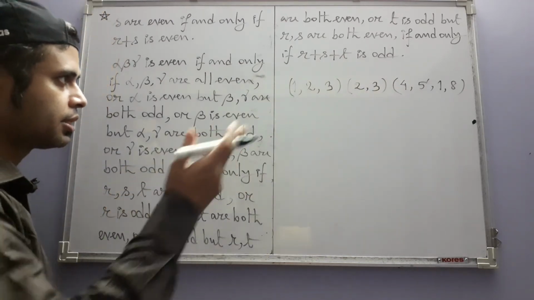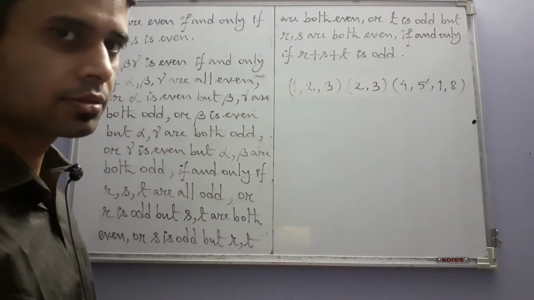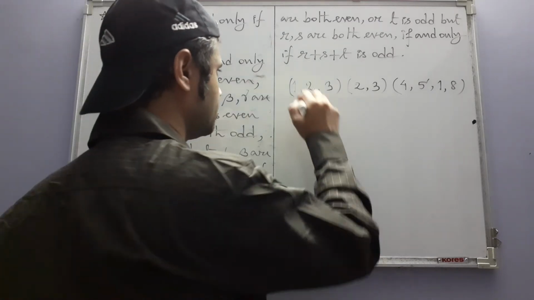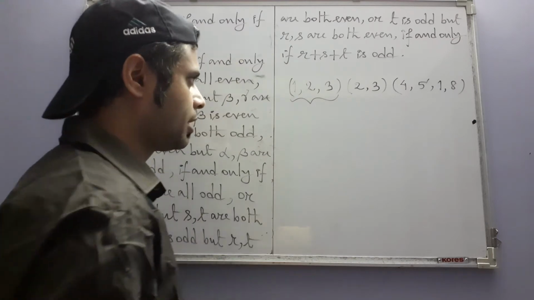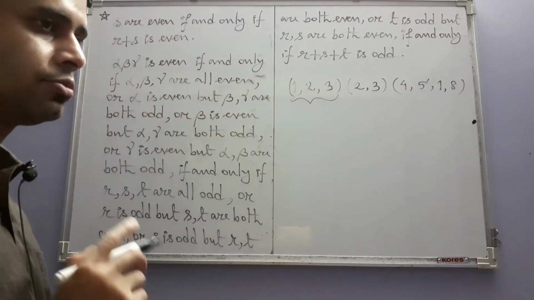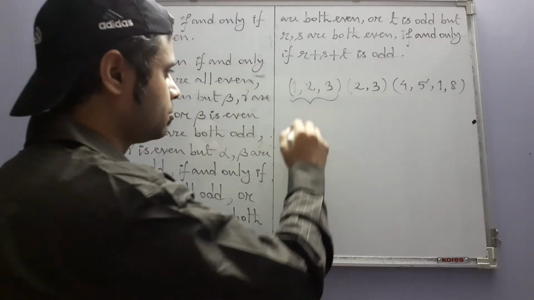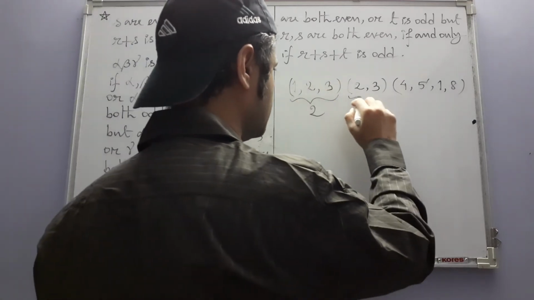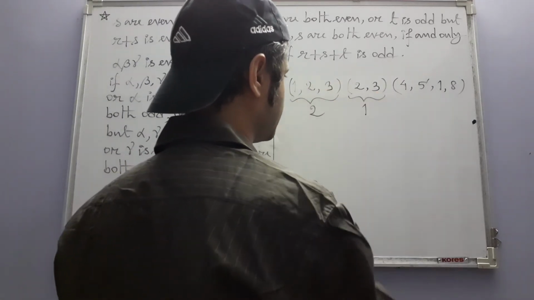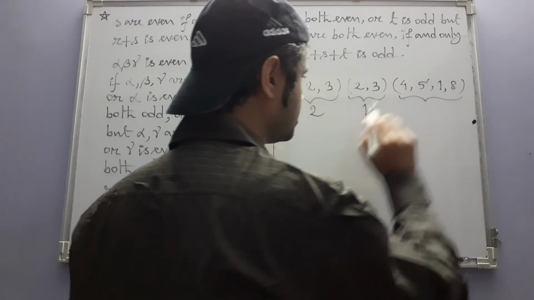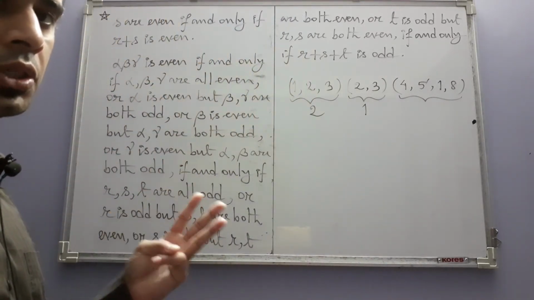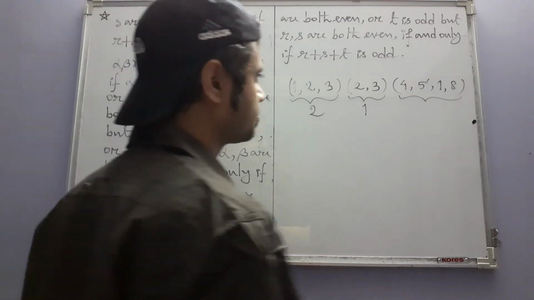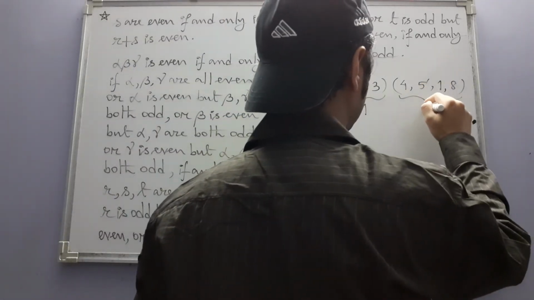Now what about the evenness or oddness of this permutation? Since this is a 3 cycle, we can write it as a product of 2 transpositions. This itself is a transposition, and this is a 4 cycle, so it can be written as a product of 3 transpositions.